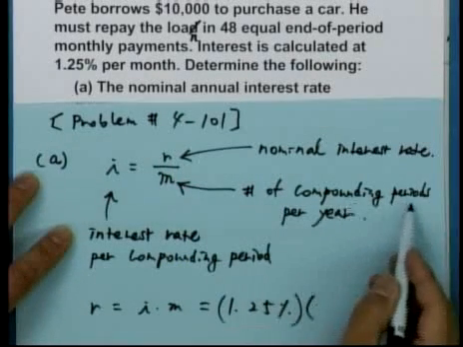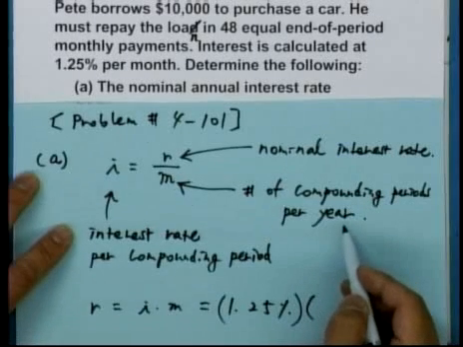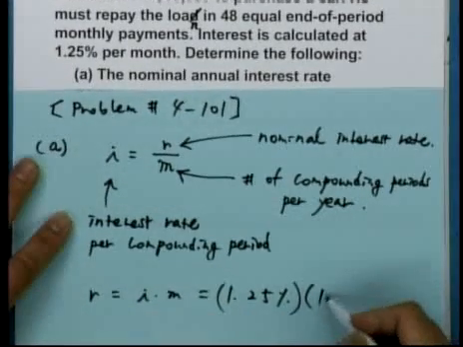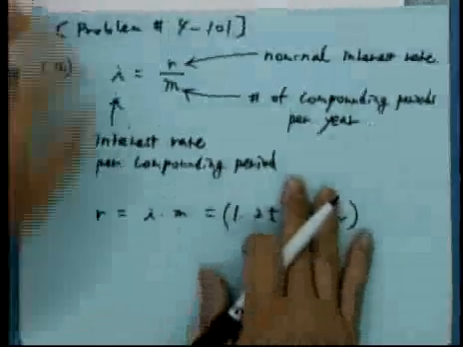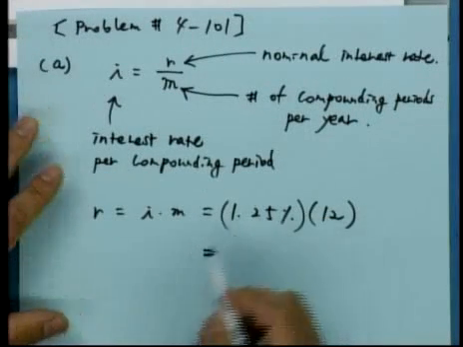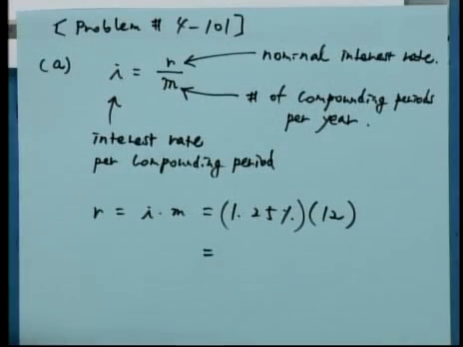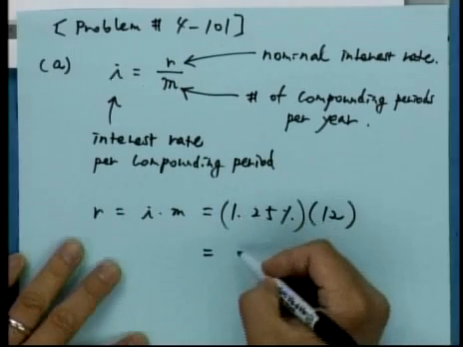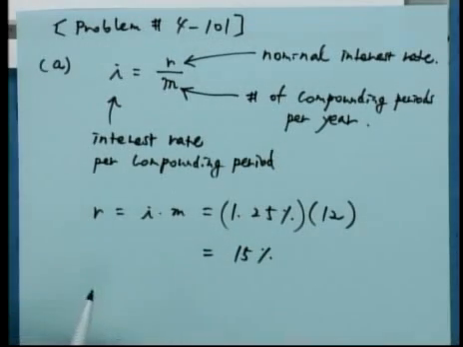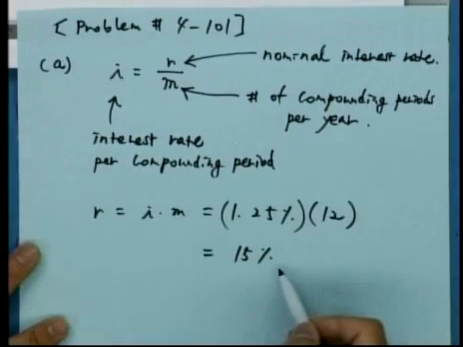M is the number of compounding periods per year, because there are 12 months in a year, so M would be 12, right? So how much is that? It's going to be 15%, right? So the nominal interest rate is 15%.